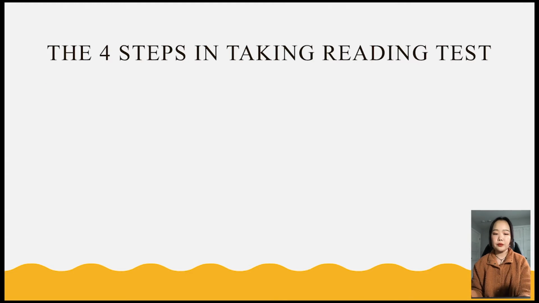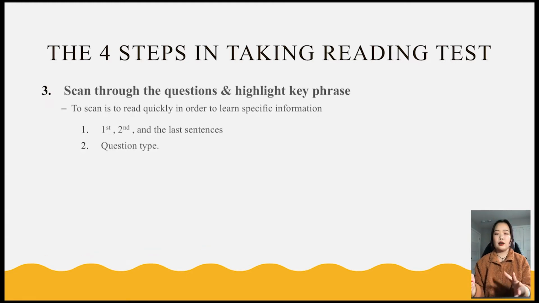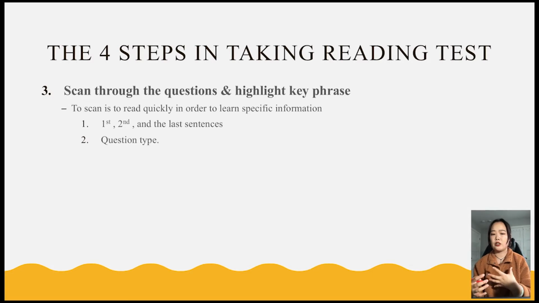So what is the specific information we are trying to get here? If you read a lot of articles written by Western people, you would realize that they tend to put the main idea, the gist, at the beginning of the paragraph. And they like to summarize at the end of the paragraph.